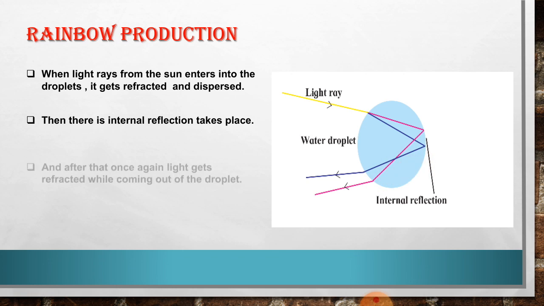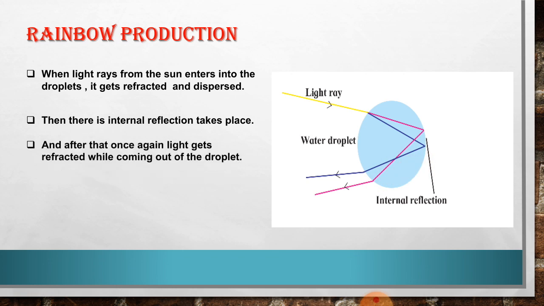Then what happens after that? Once again the light gets refracted while coming out of the droplet. Again you can see this bending, that means refraction takes place. All this process together produces a rainbow. So we have learned all this in our last class.